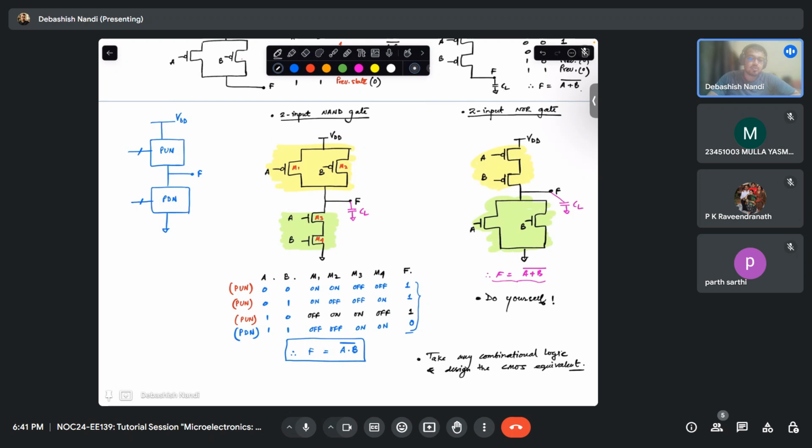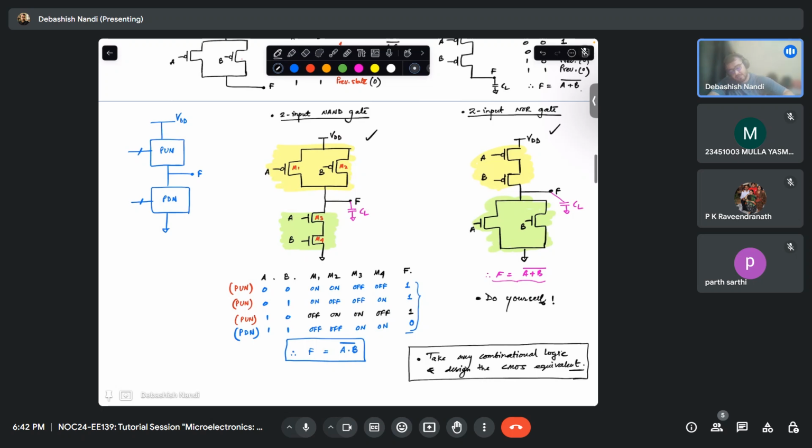So what do you need to do? If you remember from your digital electronics course, you need to make it in a product of sums or sum of products kind of combination. Then you can easily break down your expression into NAND or NOR implementation. Once you are aware of how your NAND and NOR implementations are there, then it is simply boiling down to knowing about these things. So this you please practice. This thing is very important. You can take any standard textbook and start solving the exercises.